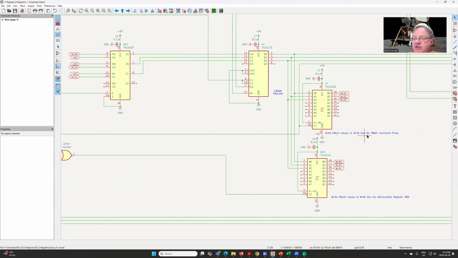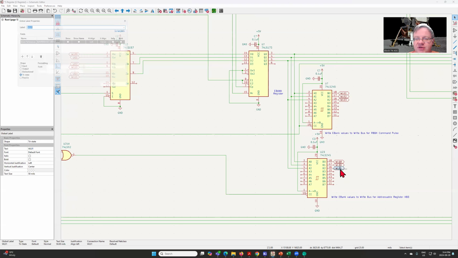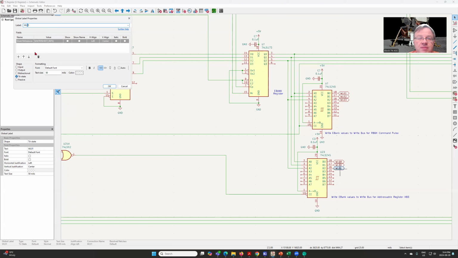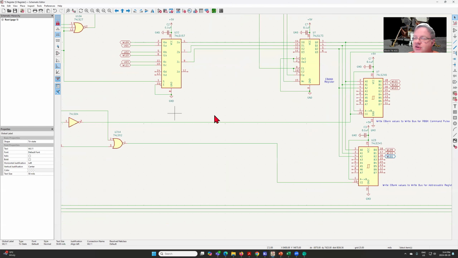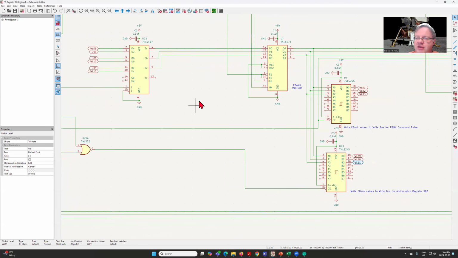If it's an RBBK command pulse, we write it out on WL1, 2, and 3. But if it's an XB3, again, from that table, we want to write it out to the contents of 9, 10, and this actually should be 11 here. I will actually fix it while we are here. So that allows us to get the data into and out of our EBANK register.